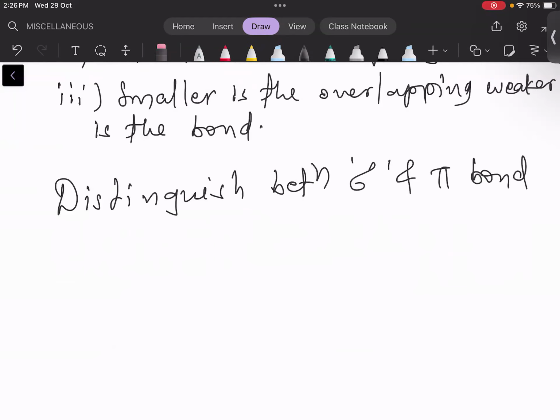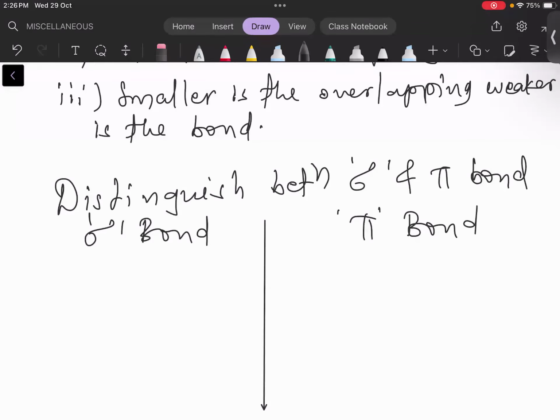Distinguish between sigma and pi bond, right? So we'll write here sigma bond, here pi bond. Now, this is formed by axial or end-to-end overlapping.